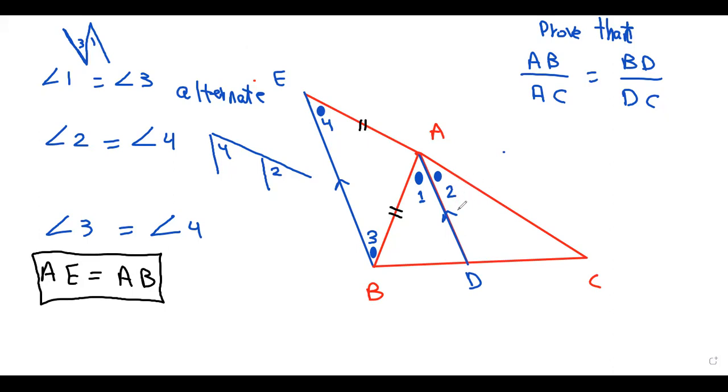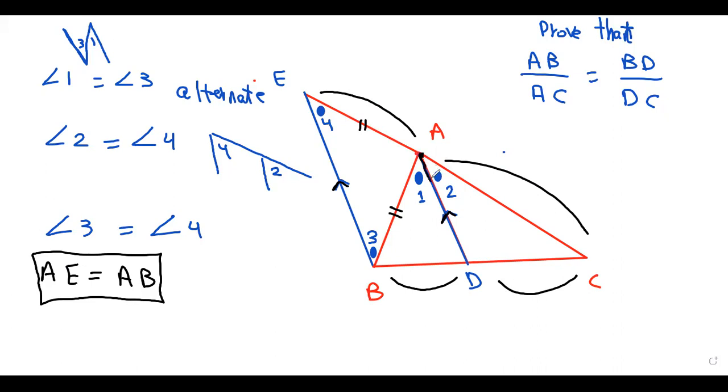Let's discuss now the proportional parts. We have studied it in the previous lesson. Because AD is parallel to BE, we can say that CA over AE is equal to CD over DB. Once again, because they are parallel, this side and this side are parallel.